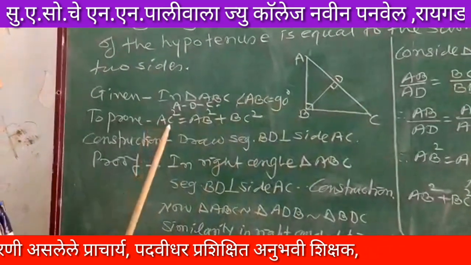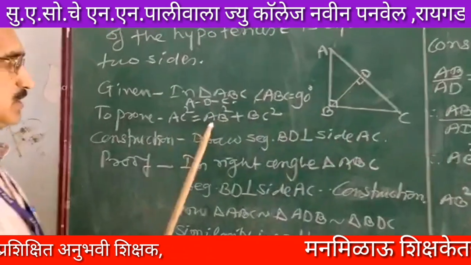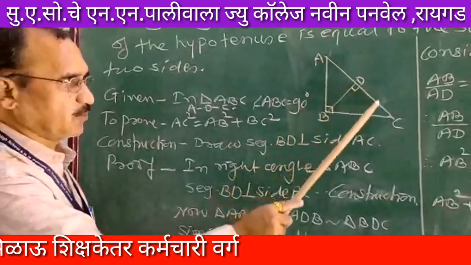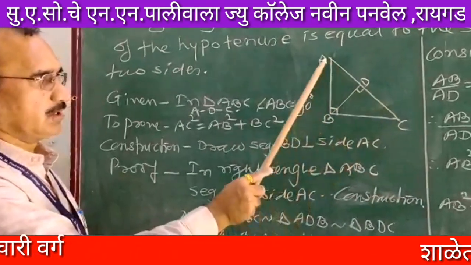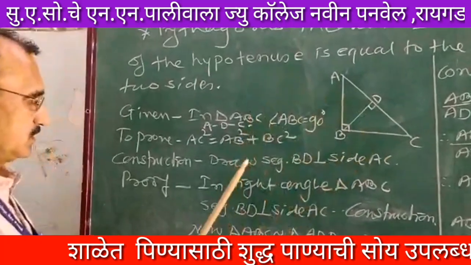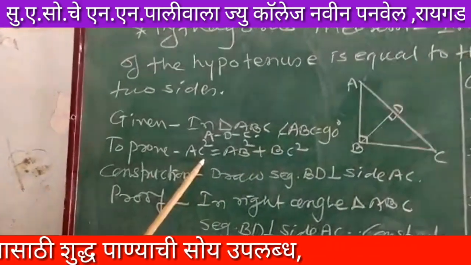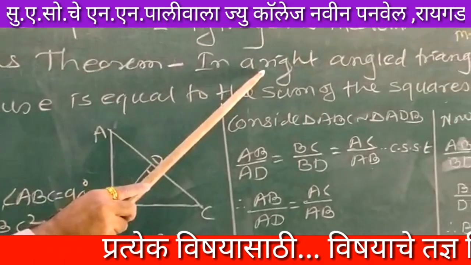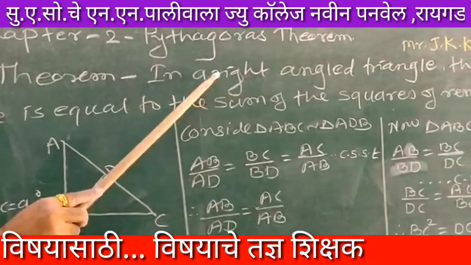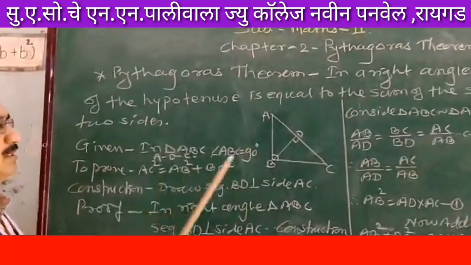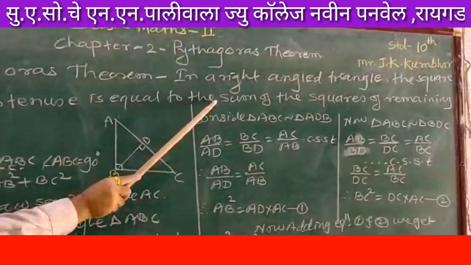That means AC square is equal to AB square plus BC square. Means the square of the hypotenuse is equal to the sum of the squares of the remaining two sides. That is what we have to prove here. That means given is the first half of the statement, and to prove is the last half of the statement.